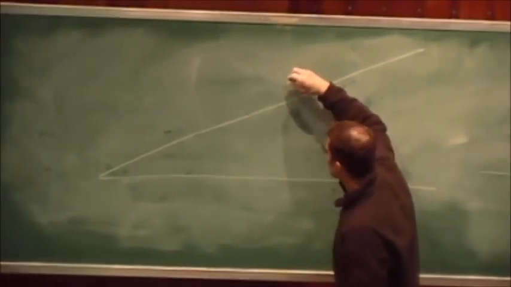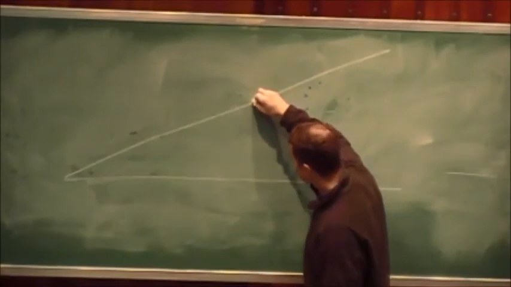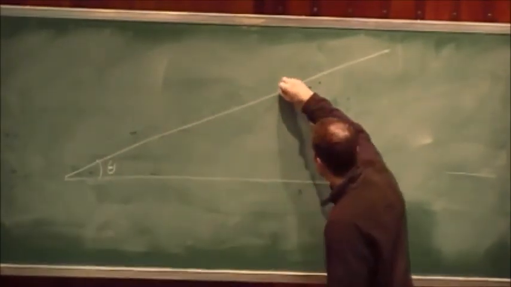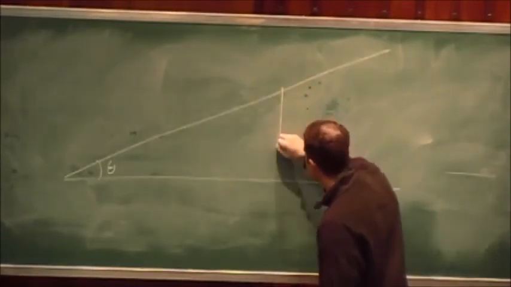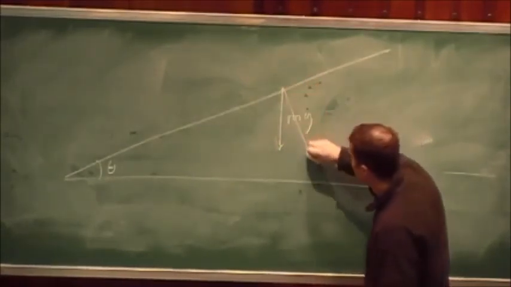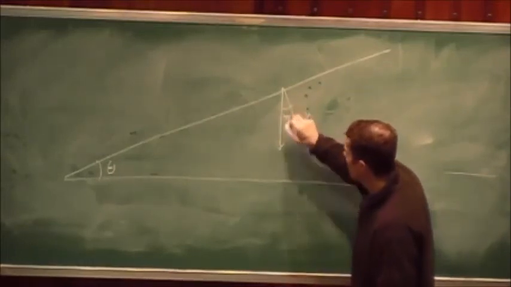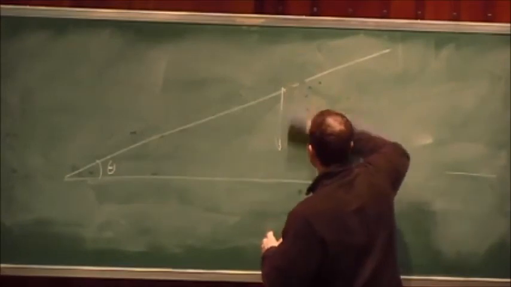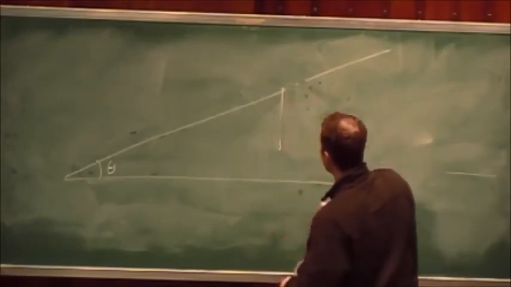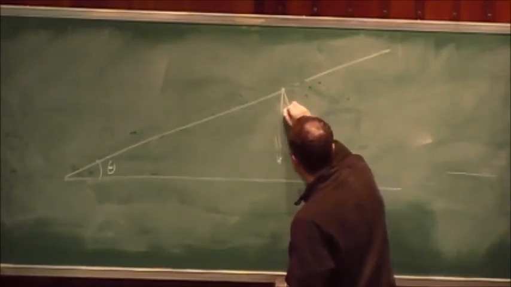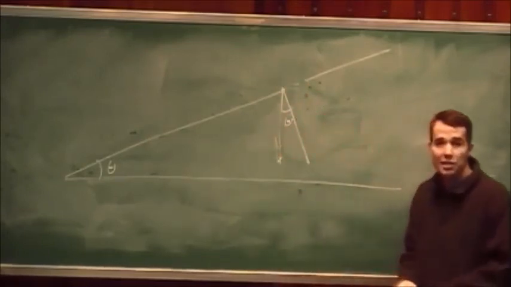So the question was raised, if this is theta, and mg is coming down like this, how do you know that this is theta right here? So I have a vector coming down like this. How do I know that that is theta as well?